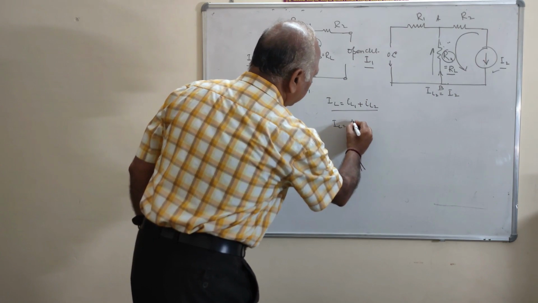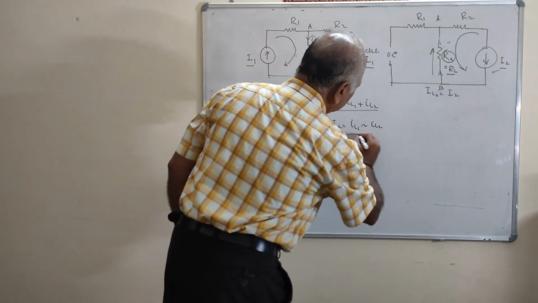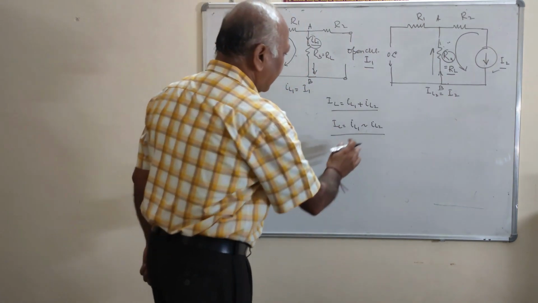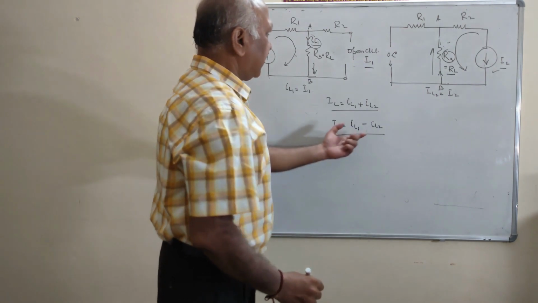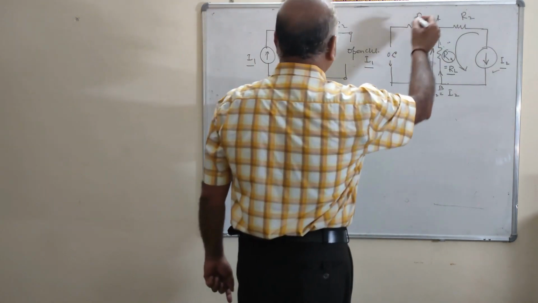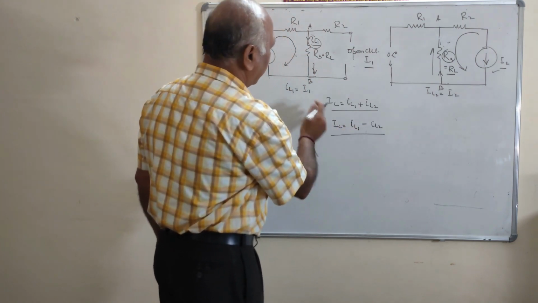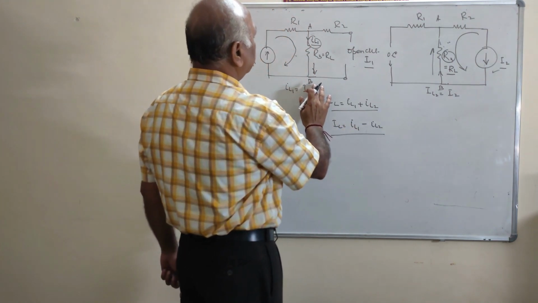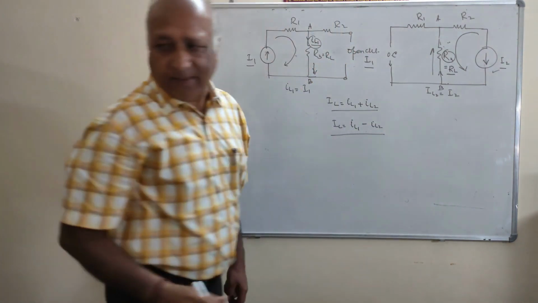IL is equal to the IL1 difference IL2, या IL1 माइनस IL2 लिख दीजिए. अगर पॉजिटिव आता है तो करंट कहां से फ्लो कर रही है? A to B. और अगर निगेटिव आता है तो? It is flowing from B to A. You will see another example.